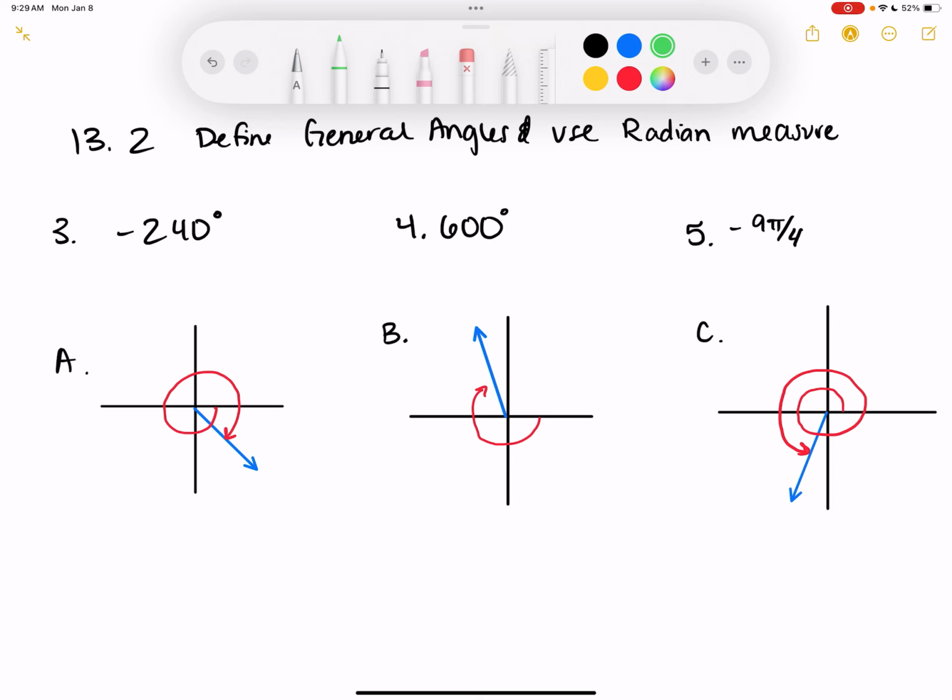Add another 90. And then this goes around, it appeared to be about 60 degrees. So what does that put us? 600 degrees. Okay, so one full time around is 360, and then we're just adding the angles around until we get to there. Okay, so 4 would be C.